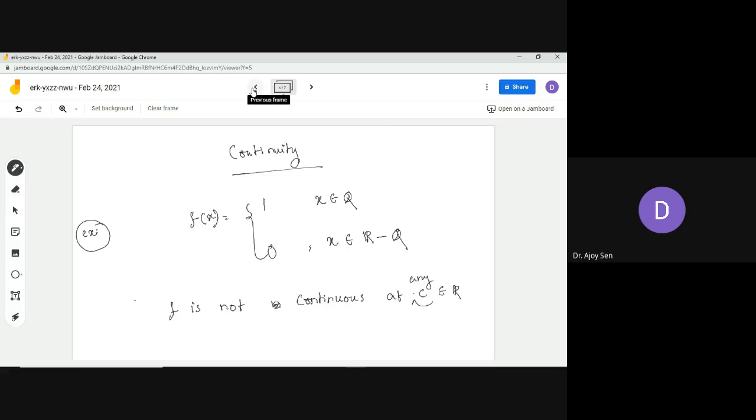It is very simple to visualize a function which is discontinuous at some points, but it's very difficult to imagine a function which is discontinuous at every point in the domain. It's very difficult to visualize. Okay, that's why this problem is very much important.